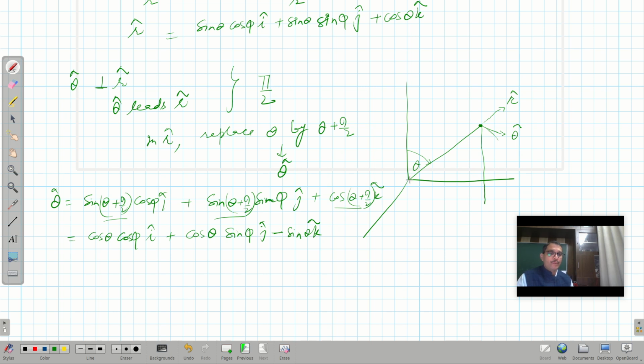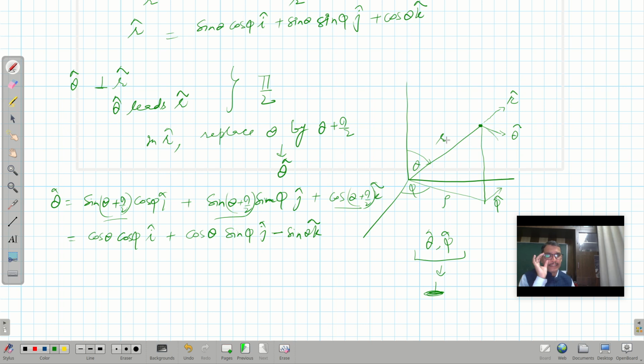So let us now look at phi cap. It is like this, it is rho and it is making an angle phi. So phi is this way. Here theta cap and phi cap are perpendicular to each other, right? And what is this rho?